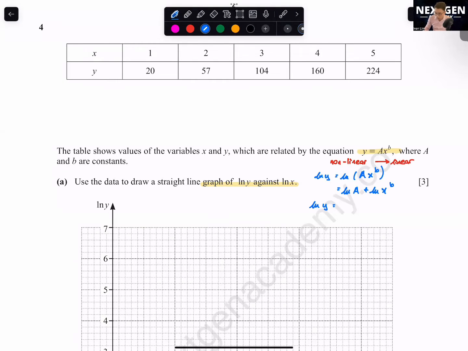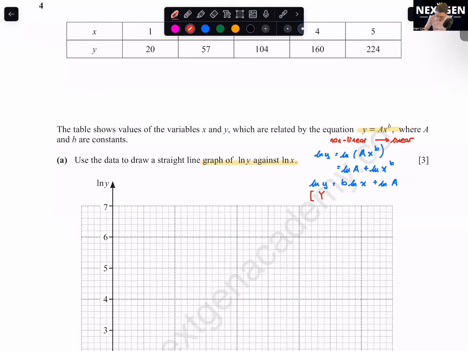So it will be ln y equals to b ln x plus ln a. Okay, is this in the form y equals mx plus c? I want you all to put it in big Y and big X.